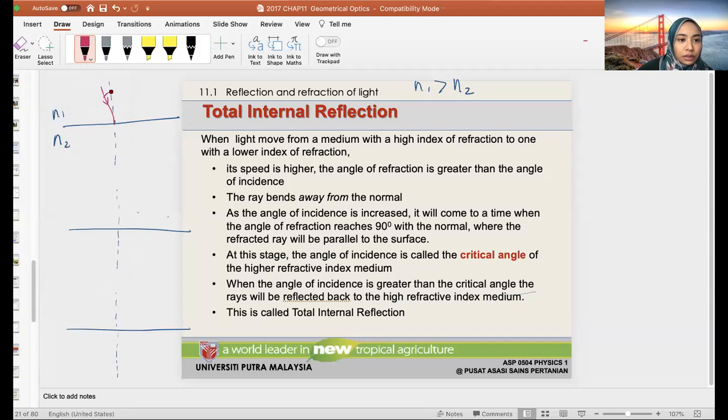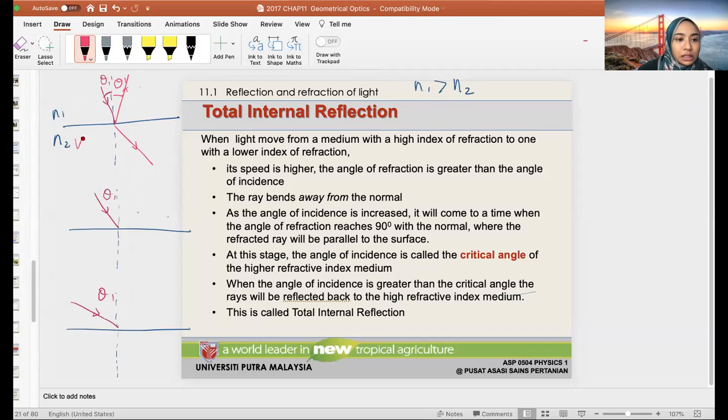First, I start with a small angle theta1, and then I increase my angle, and then I increase it even more. Okay, so let's see what happens. When I have a small angle, I will get my reflection. Reflection kena sama angle. So this is also theta1. I will also get my refraction. n1 is greater than n2.